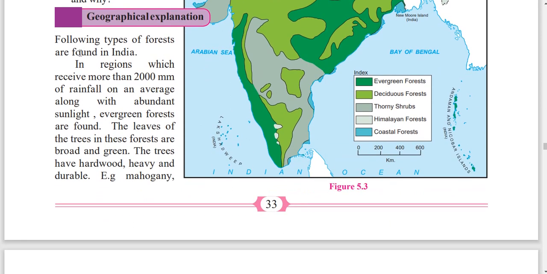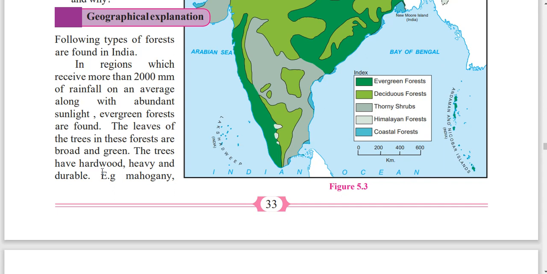Graphical explanation. The following types of forests are found in India in regions which receive more than 2000 mm of rainfall on an average, along with abundant sunlight. Evergreen forests are found. The leaves of the trees in these forests are broad and green.